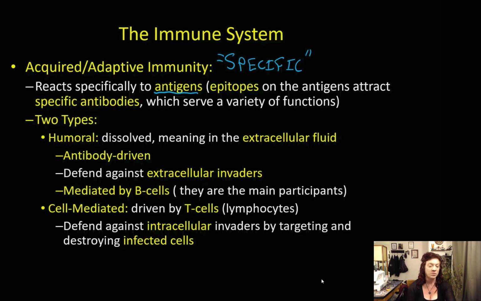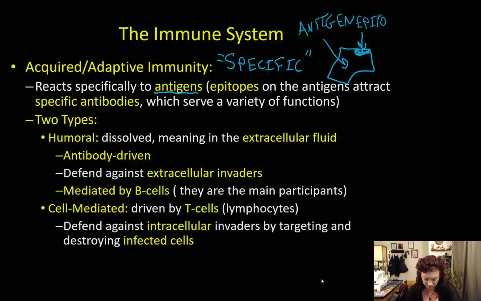Okay? Specifically, there are locations on an antigen. So let's just pretend that this is an antigen. There are specific locations called epitopes that attract antibodies.